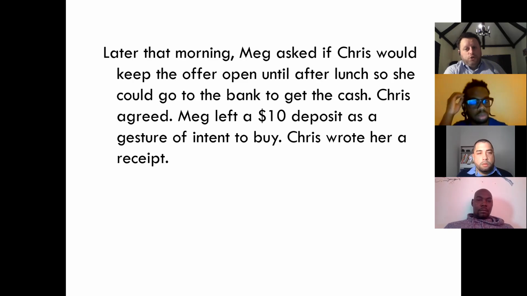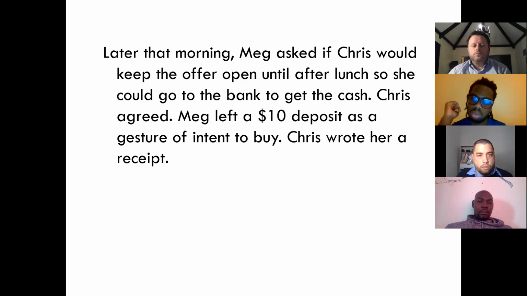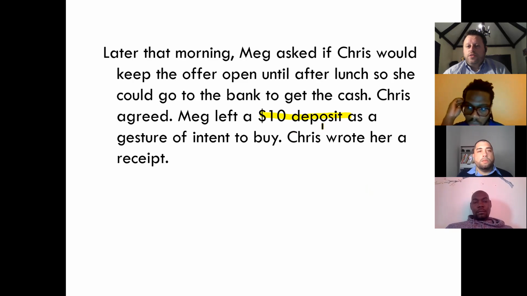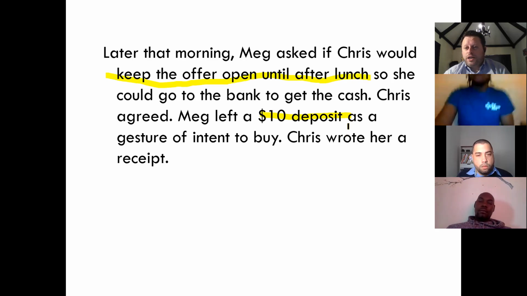So Meg made a new offer to Chris. And what was Meg's offer? A down payment. Sure. Meg's offer is, I will give you $10 deposit now, and for that $10, you keep the offer open until after lunch, and I'll come back with the rest of the money.